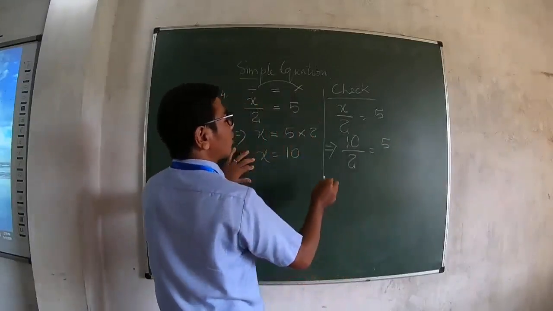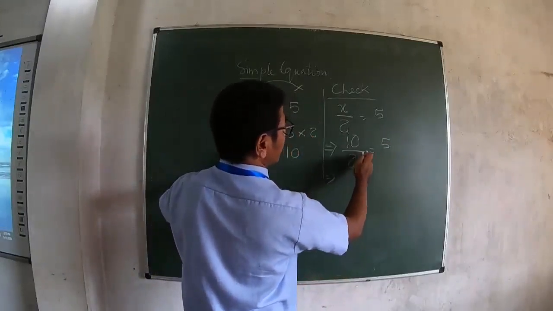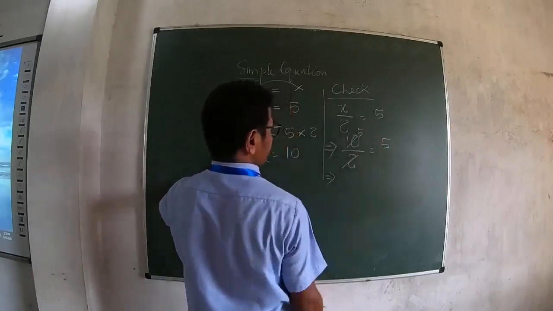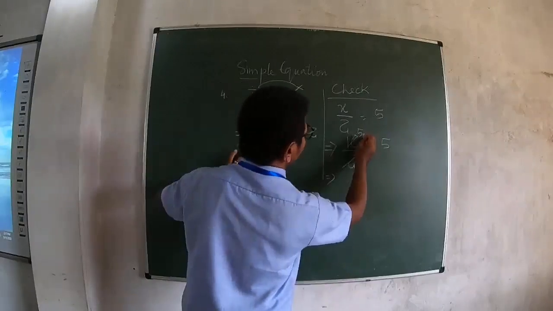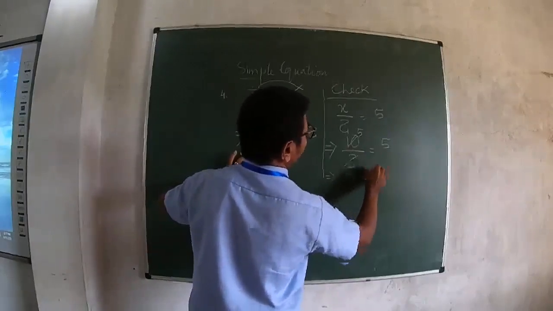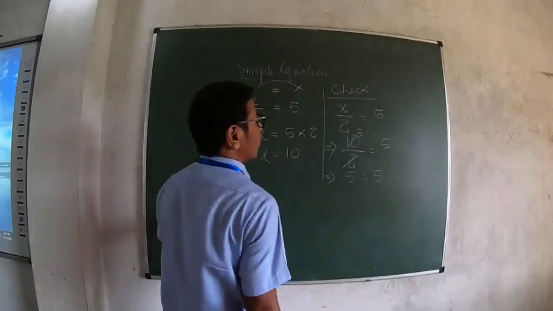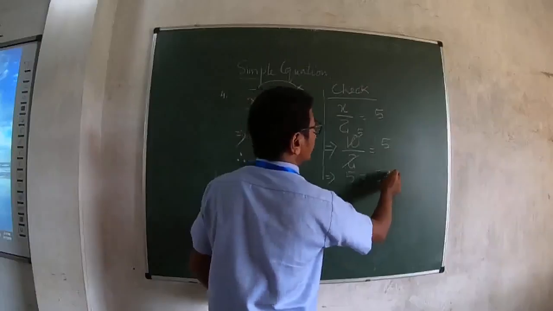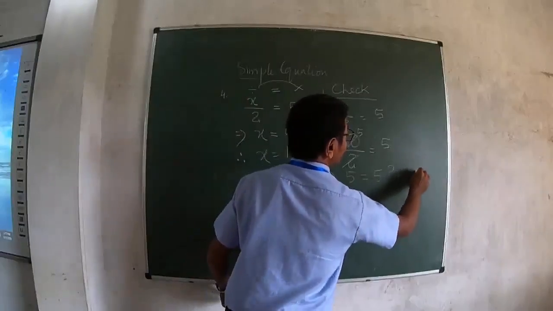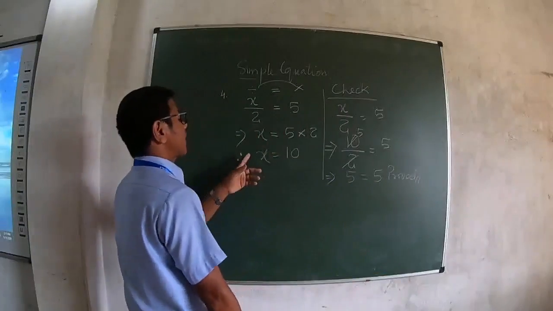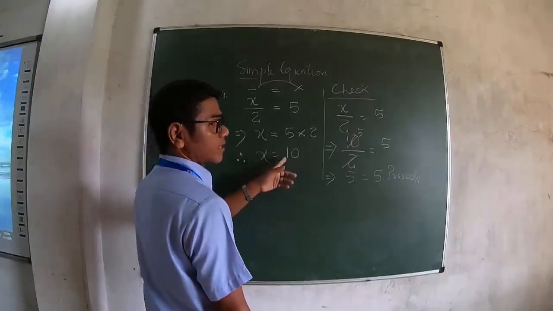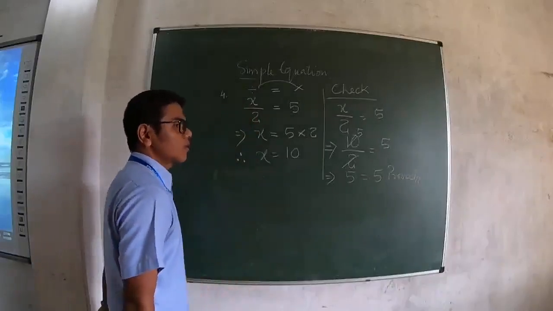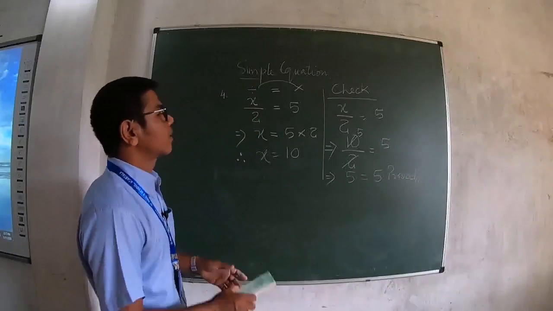Now we know that the left hand side, that is the front side, 2 fives are 10, 10 divided by 2 is 5. So what do we conclude? 5 equals 5. That proves they are equal. That means our answer x equal to 10 is the correct answer. Please copy.